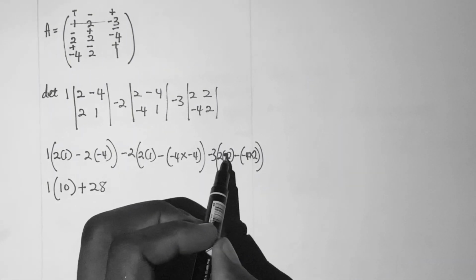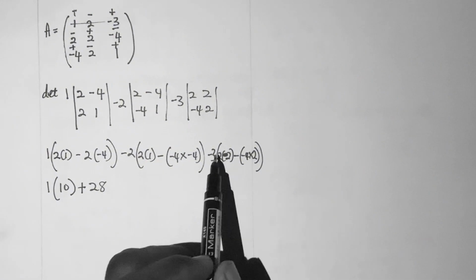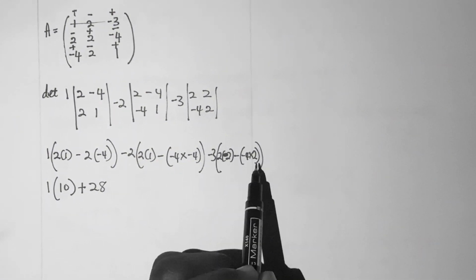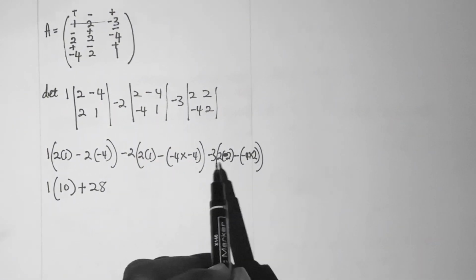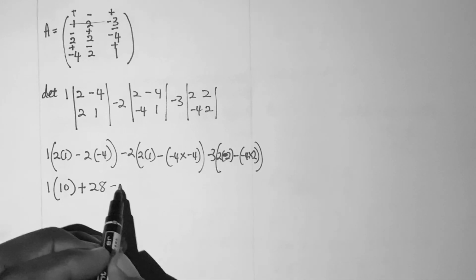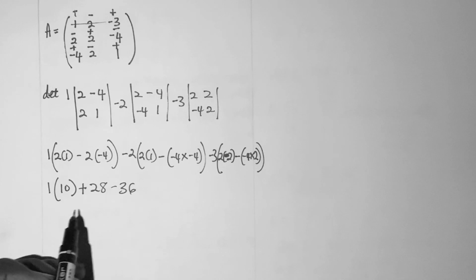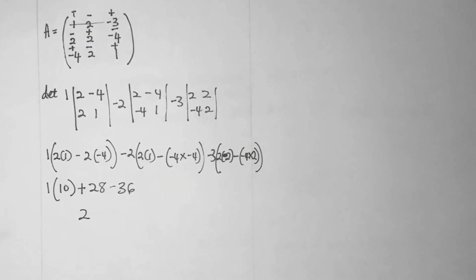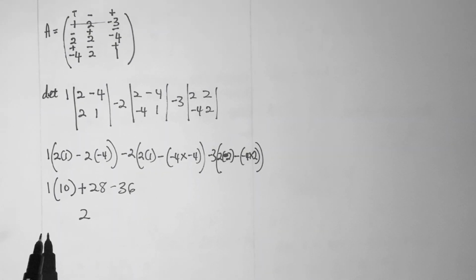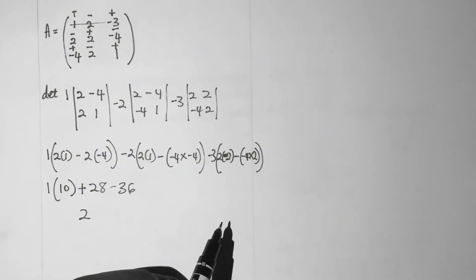So here is supposed to be 2 times 2. 2 times 2 minus 4 times 2 is 12. Minus 3 times 12 is minus 36. So if we add all of this, we are going to get the determinant equal to 2. So this is equal to 2. Let's take another example.